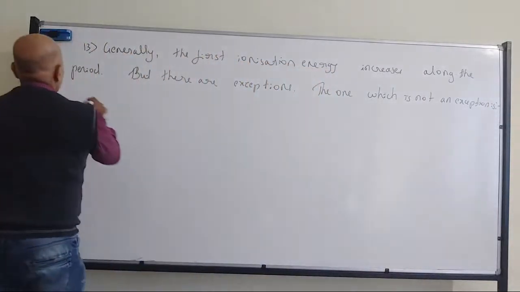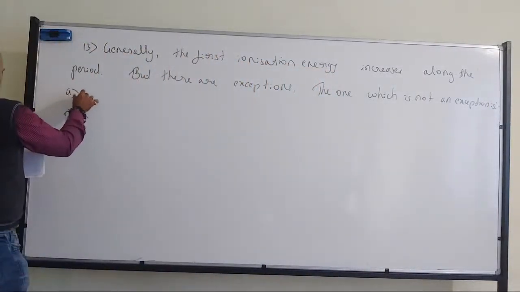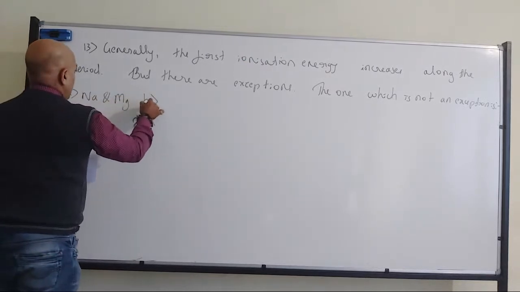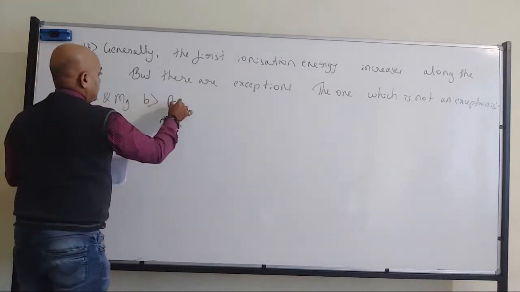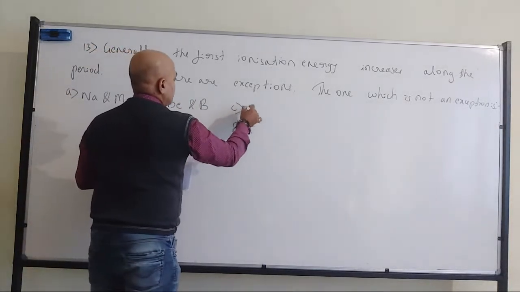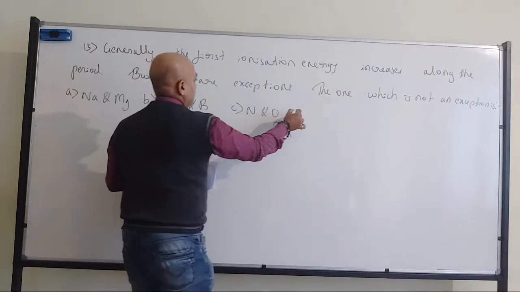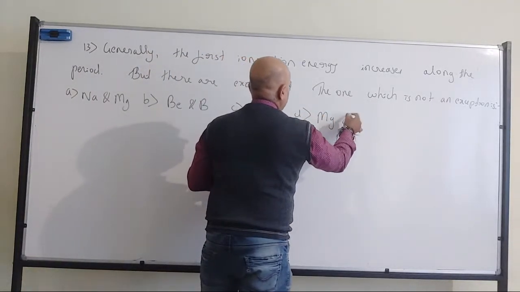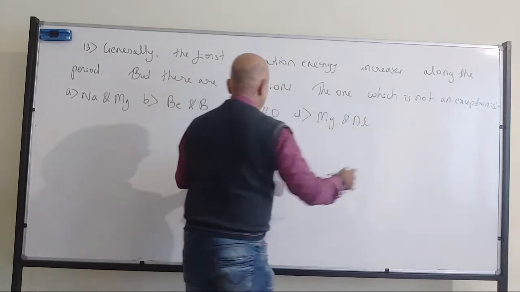Option A, sodium and magnesium. Option B, beryllium and boron. Option C, nitrogen and oxygen. And option D, magnesium and aluminium.